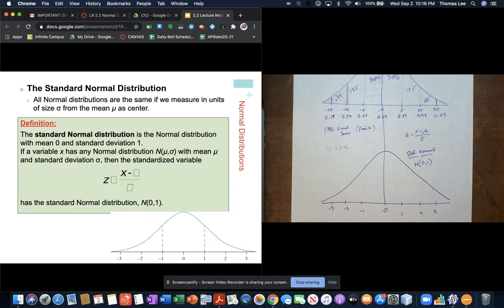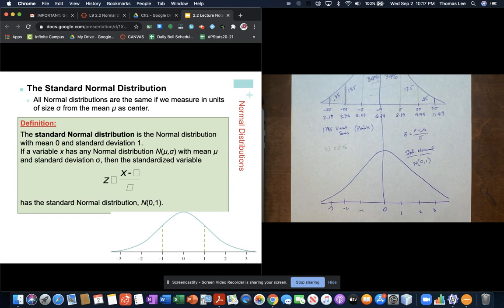Now what we're going to use in most of our actual calculations with the calculator, when we're finding certain probabilities or densities, certain areas between certain intervals, is the standard normal. That's what our calculator is set to use.